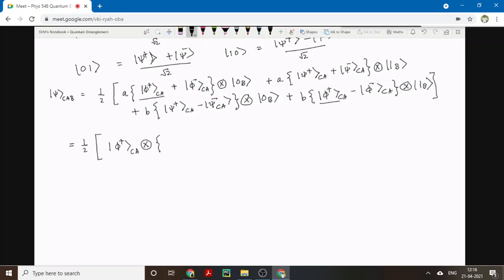Phi plus CA is here. And here A times 0B, and there B times 1B. So this is the coefficient of phi plus CA. Now let us look at phi minus CA.